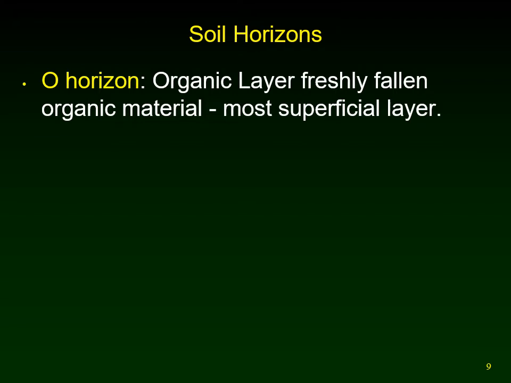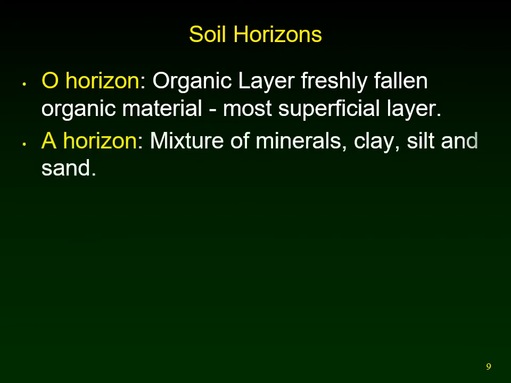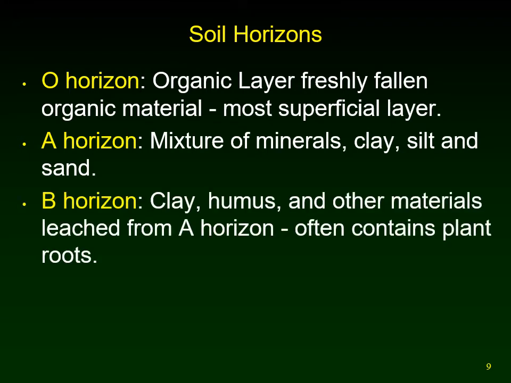You might have an organic layer on the top, which is just all your leaves that have fallen and dead organisms. This is the most superficial, the top layer of your soil. When things start to decompose, that gets mixed in with the sand, the silt, the clay, the gravel, and you get what is called the A horizon. As it rains, it's going to wash nutrients from that A horizon down deeper into the soil. You're going to find the smaller particles like clay being moved down from the A horizon into the B horizon.